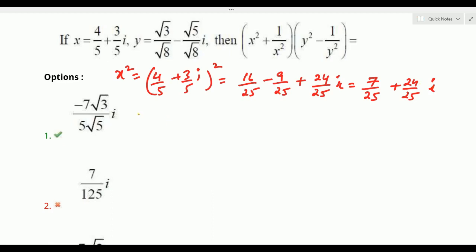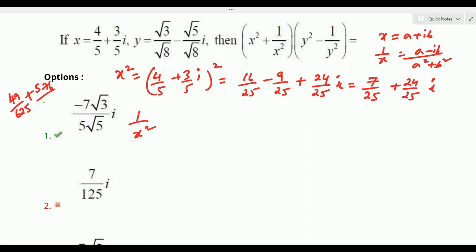Okay, now 1 by x square. Suppose x is in the form of a plus ib. 1 by x we can write as a minus ib by a square plus b square. Observe here, a square plus b square, that is 7 by 25 whole square, that is 49 by 625, plus 24 by 25 squared, that is 576 by 625.